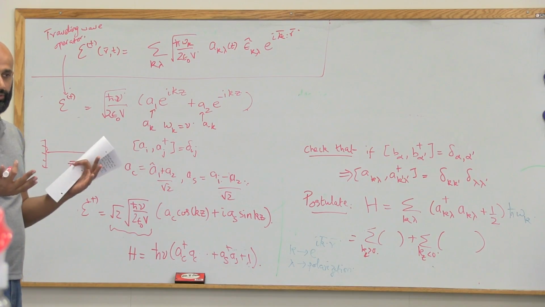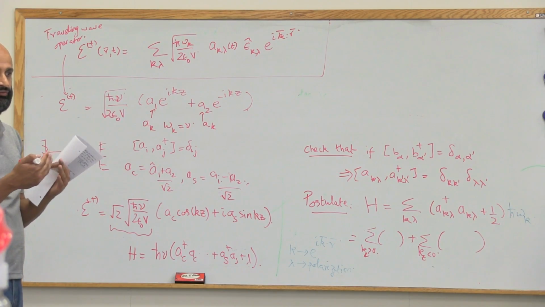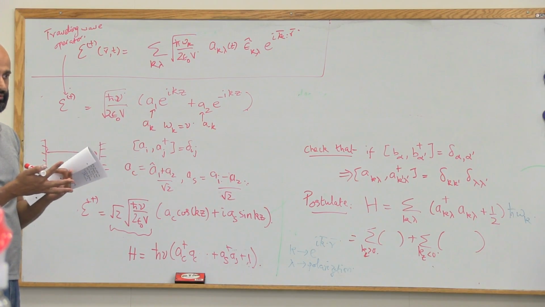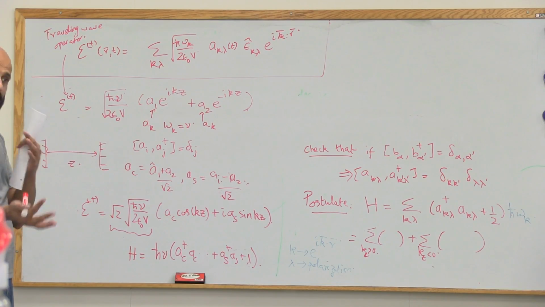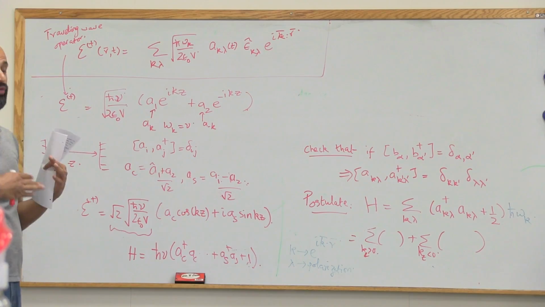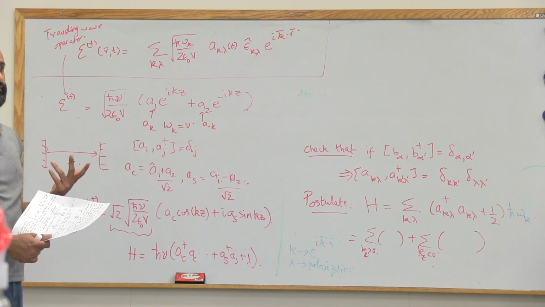But also the important question you can ask yourself is, can I tell if I absorb a photon from the standing wave mode versus absorbing a photon from one of the two running wave modes? Just a single photon, this is what I mean by low photon number. Is there a difference between those two cases, in quantum mechanics?